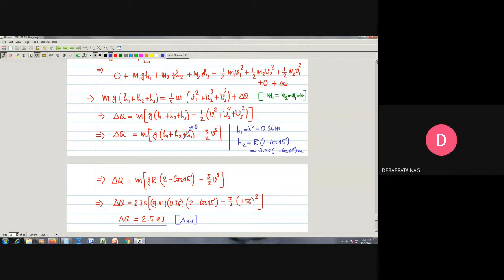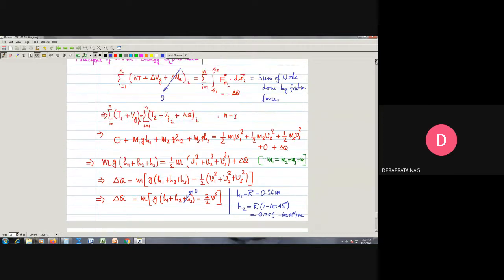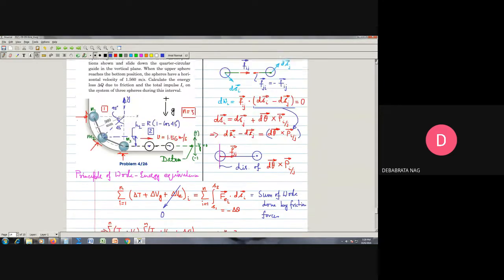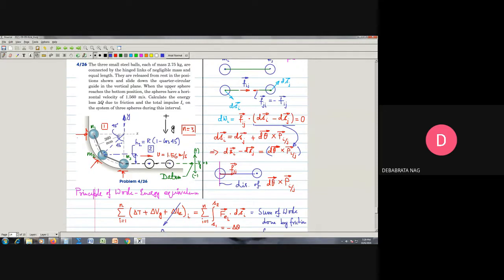And there is a second part in the question which is asking us to find the total impulse on the system of the three spheres during this interval. That means as the spheres pass from this initial configuration to this final configuration, we need to calculate the net impulse.